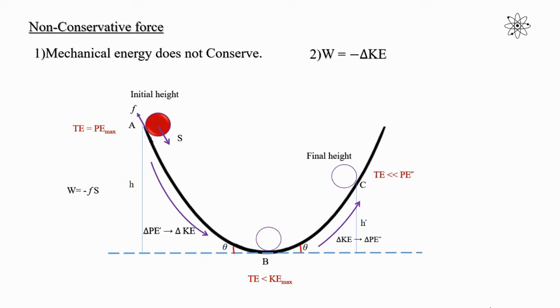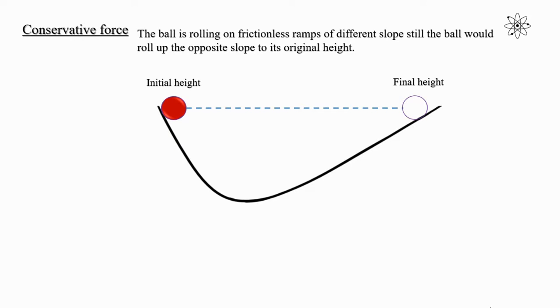Now let's see a few more characteristics of non-conservative and conservative forces. In a conservative force, let's see the ball rolling on a frictionless ramp of a different slope. Still, the ball would roll up the opposite slope to its original height. Here you can see, student, the ball reached its original height. It is possible in the case of a conservative force.